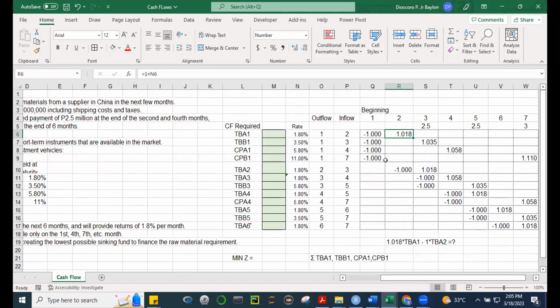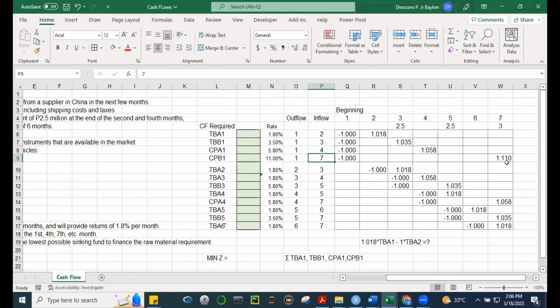For TBB1, if you plot the factors, it will be invested in the first month and it will mature on the third month with a factor of 3.5%. This is correct. So for CPA1, it will mature on the fourth month, beginning of the fourth month, and the factor is 5.8. And for CPB, it will mature on the seventh month. And the factor is 1.11.